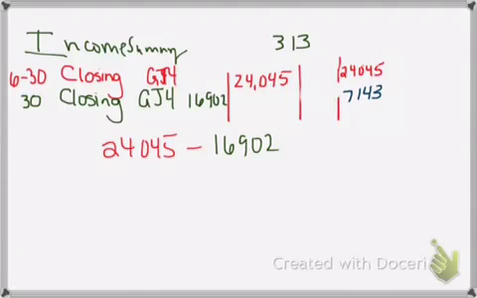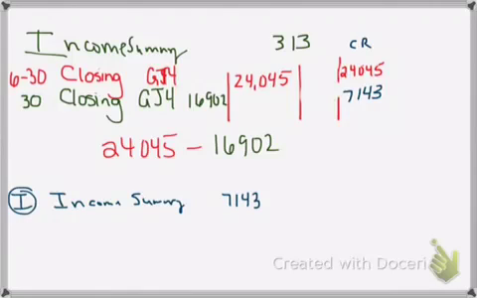Now, with the I part of this particular entry, what I have to do with closing entries is make that a 0. So if that is currently a credit balance, then I would have to debit the income summary. So I would have to debit income summary, so that would be on top, for the amount of 7,143.